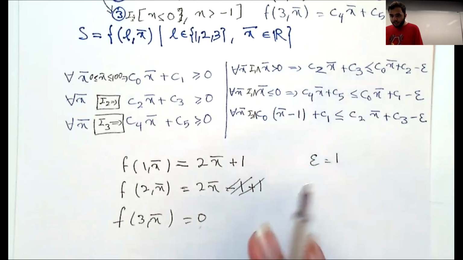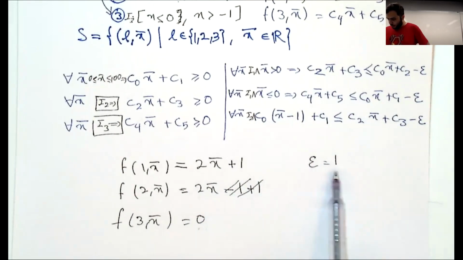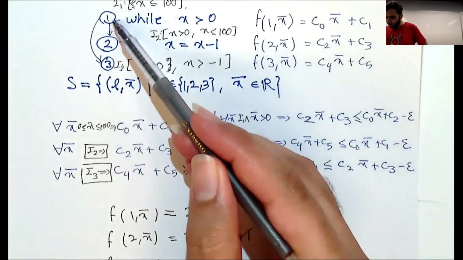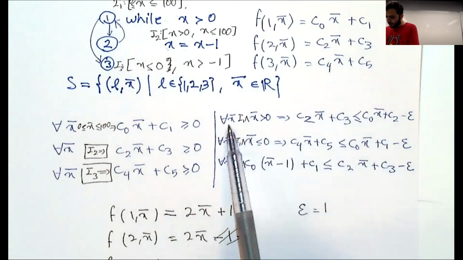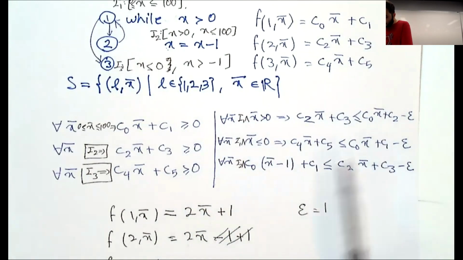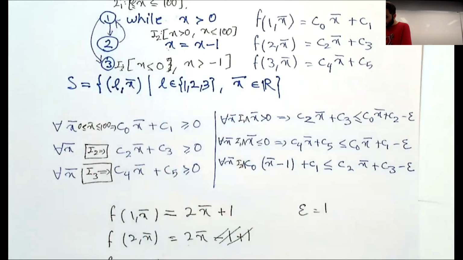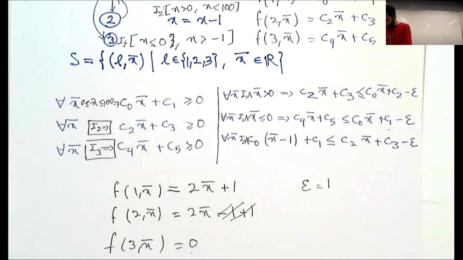In every transition, our value should decrease by epsilon, which is 1 at the moment. So if I go from line 1 to line 2, my value decreases by at least 1 unit. That's fine. If I go from line 1 to line 3, my value was at least 1 at the beginning because x is non-negative, and now it has become 0.